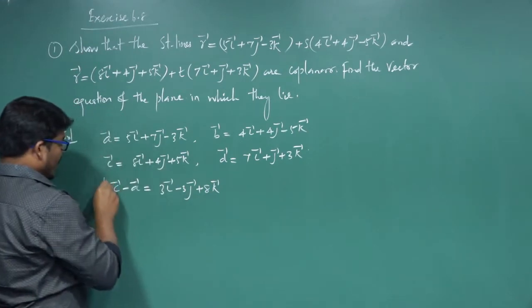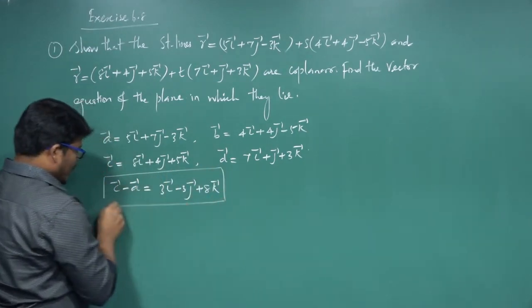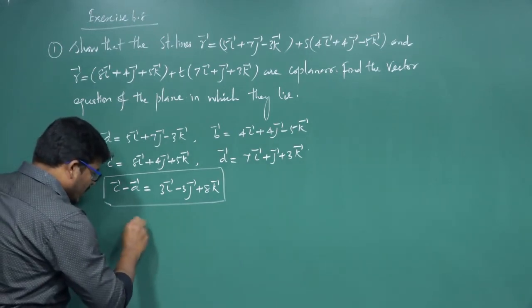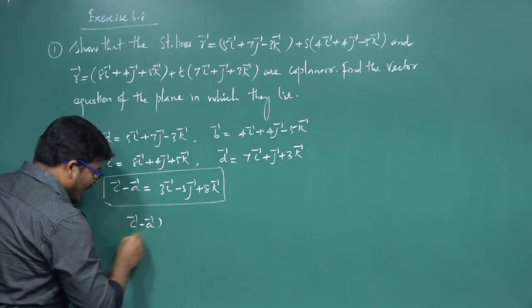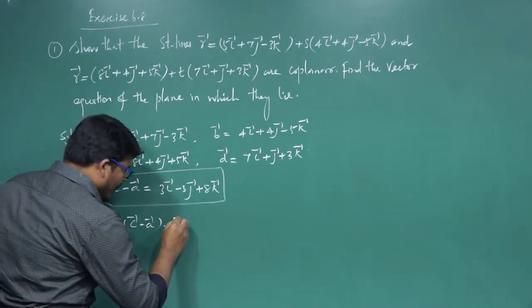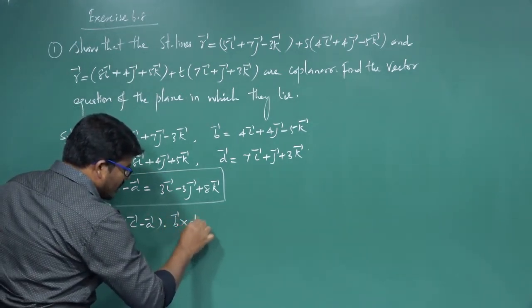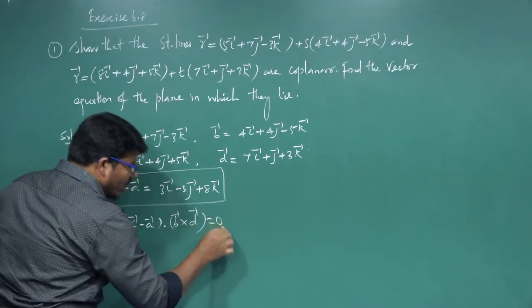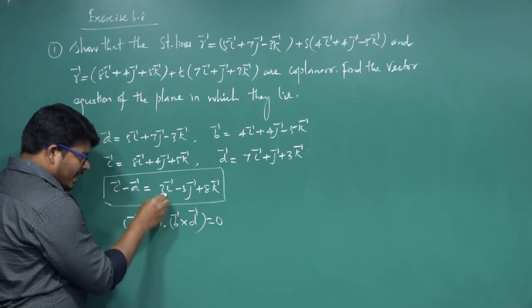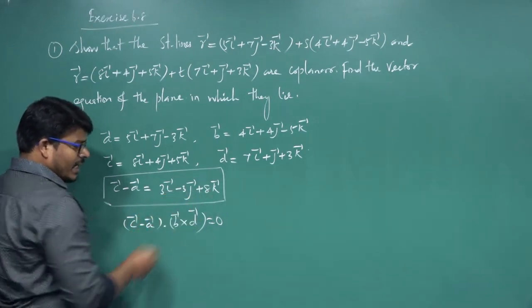This is c minus a. Now check (c minus a) dot (b vector cross d vector) equal to 0 for the two lines to be coplanar. Already c minus a is 3i minus 3j plus 8k.